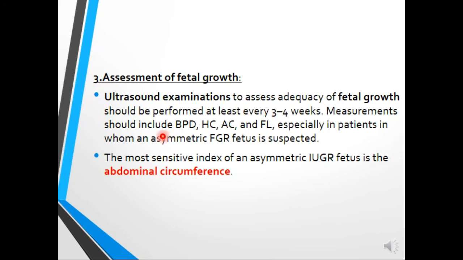These measurements include biparietal diameter, head circumference, abdominal circumference, and femoral length, especially when an asymmetric FGR fetus is suspected. Most sensitive index of asymmetrical IUGR is abdominal circumference. هذا كلش مهم، خلون ببالكم most sensitive index بالألتراساوند هو abdominal circumference اللي نرمزلها AC.